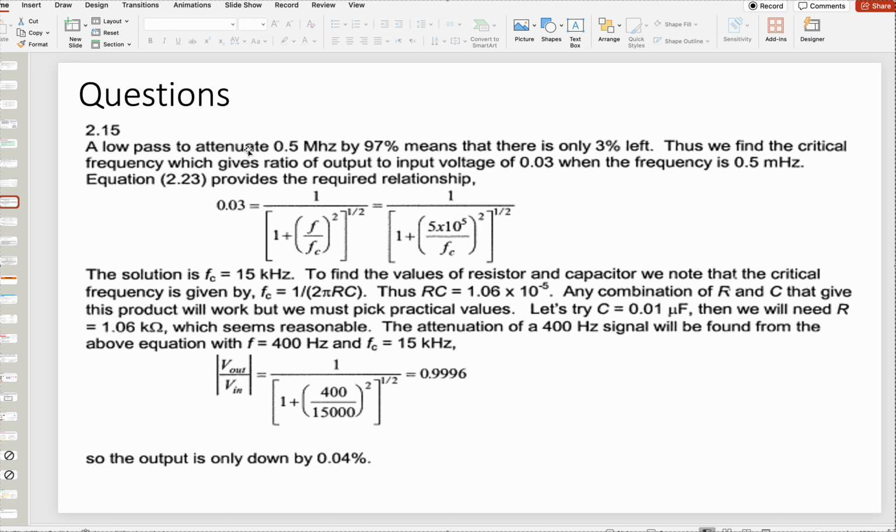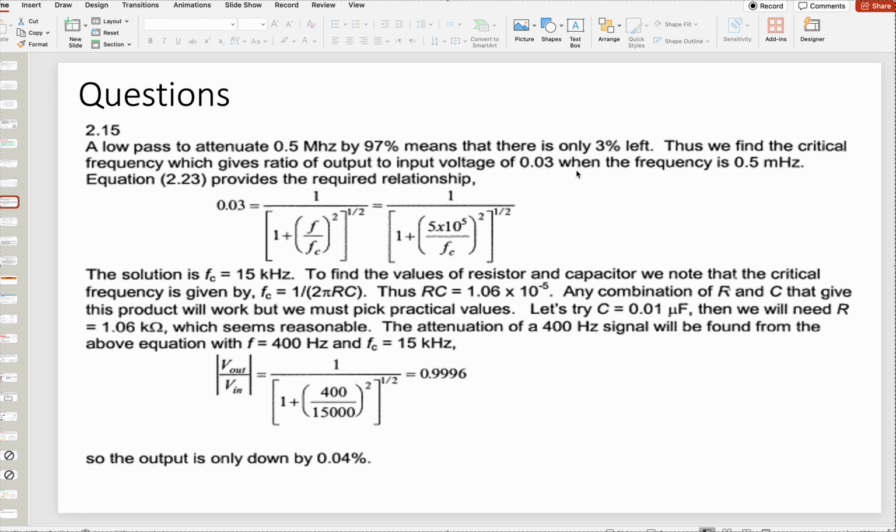Again, attenuate is the opposite of whatever you're trying to save. So you're attenuating 0.5 megahertz by 97%, which means there's only 3% left. Based on that, Vout over Vin, which is the 3% left, is equal to 1 over 1 plus, this is the equation of the low pass filter.